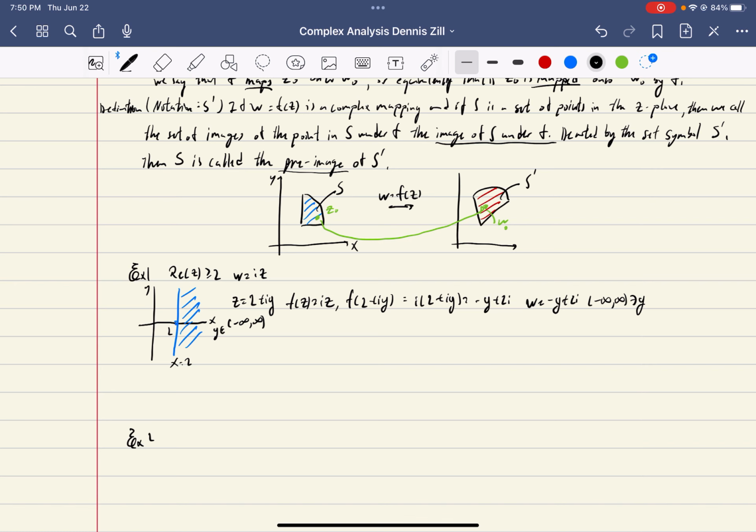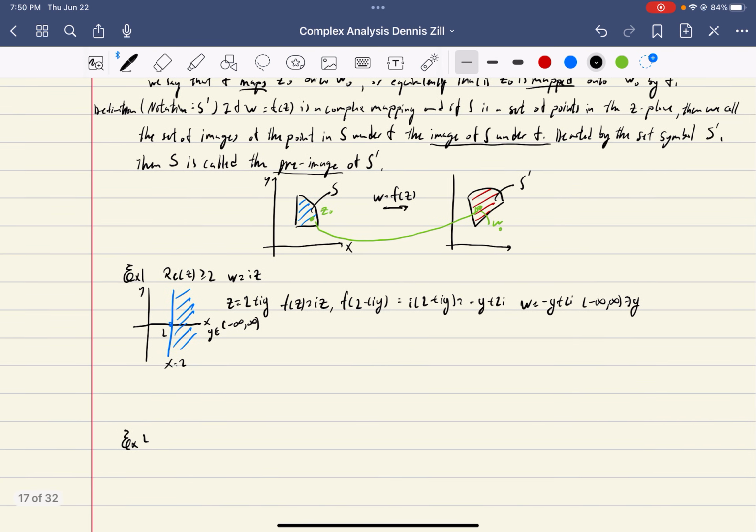So now you have u and v. This is the z-plane, and this is the w-plane.